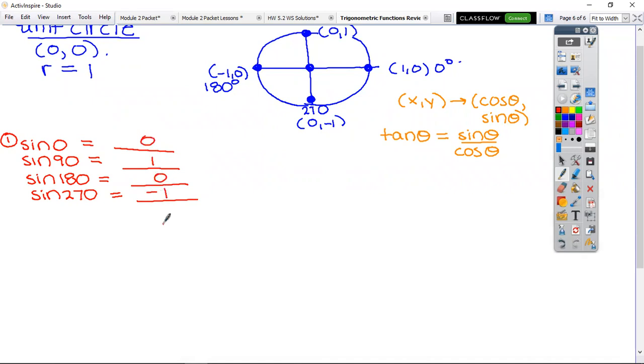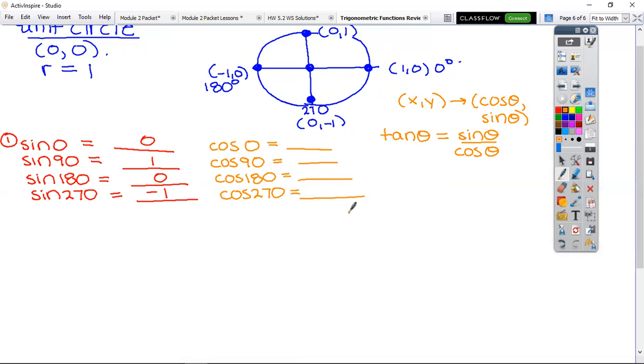Next, we move to cosine. All right, so cosine of 0, cosine of 90, cosine of 180, and cosine of 270. And again, these are all the foundational skills that you need to be able to do all the problems that follow and all the rest of the trig units that we covered.